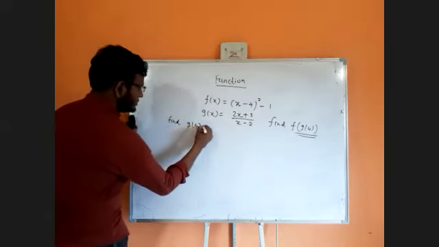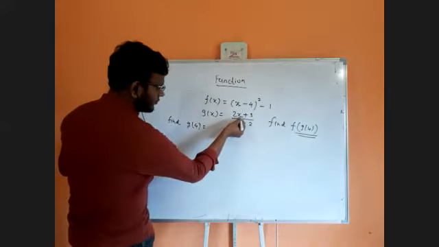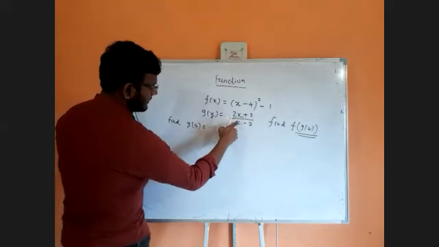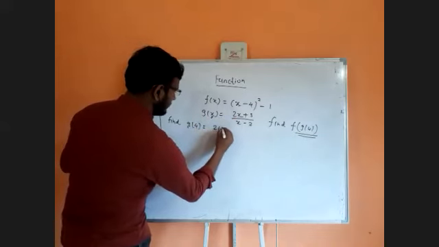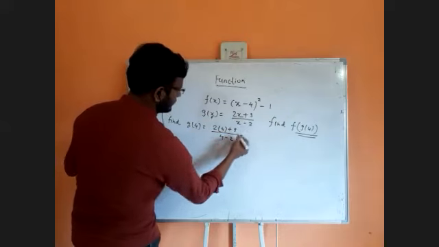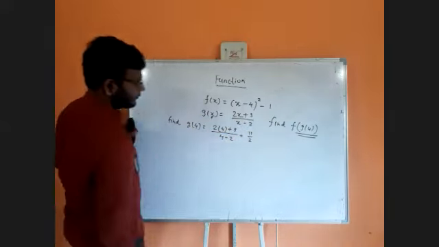Just put 4 over here, because g of x says wherever is the x, just replace it by 4. So 2 times 4 plus 3 divided by 4 minus 2, that will become 11 by 2. Clear?